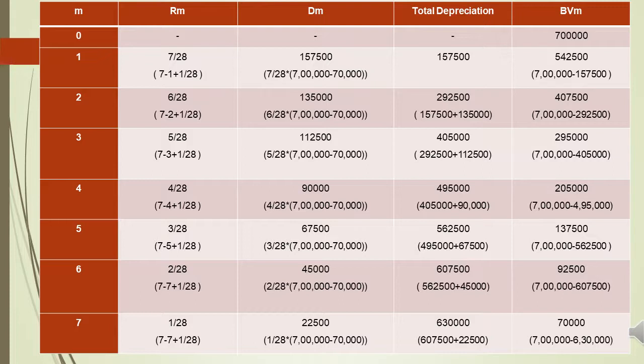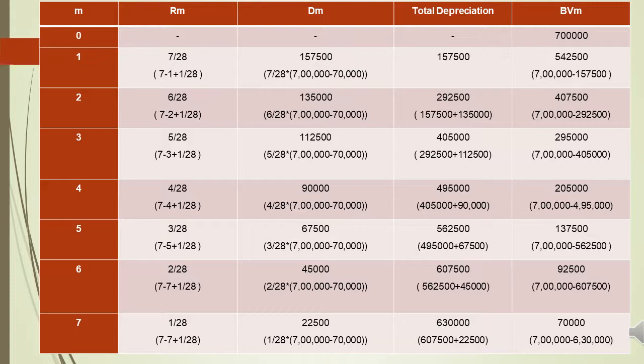For the sixth year, RM is 7 minus 6 plus 1 whole divided by 28. Answer I will get as 2 by 28. For the seventh year, it is 7 minus 7 plus 1 divided by 28. I'll get the answer as 1 by 28.